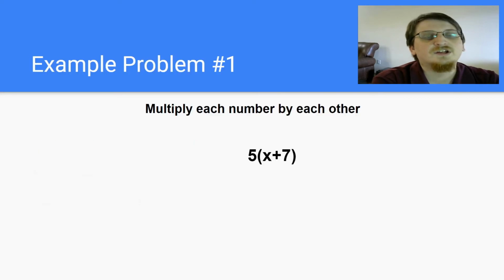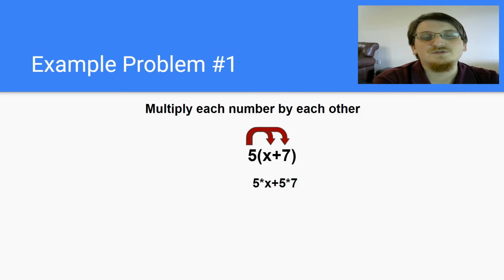5 times x plus 7. We need to distribute the 5 to both the x and the 7 as we see in our next step. Next, multiply each term by each other. Make sure that each term in the parentheses is multiplied by another term in another set of parentheses.